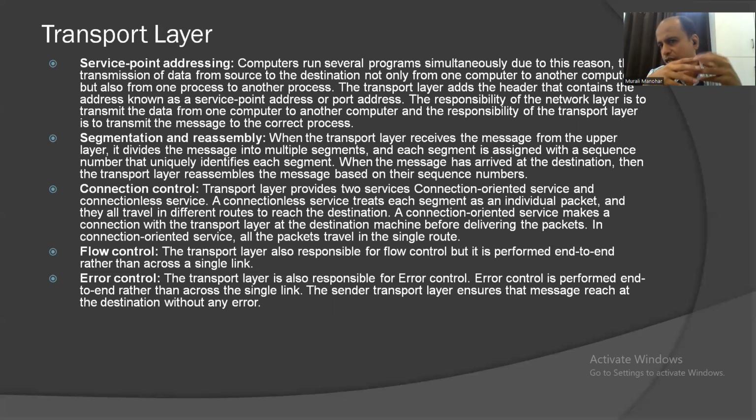At the destination end, to reassemble these multiple segments, every segment should have a unique address that is known as a port address or service point address. With the help of this port address, the destination node can rearrange or reassemble the different segments of data and form the original.